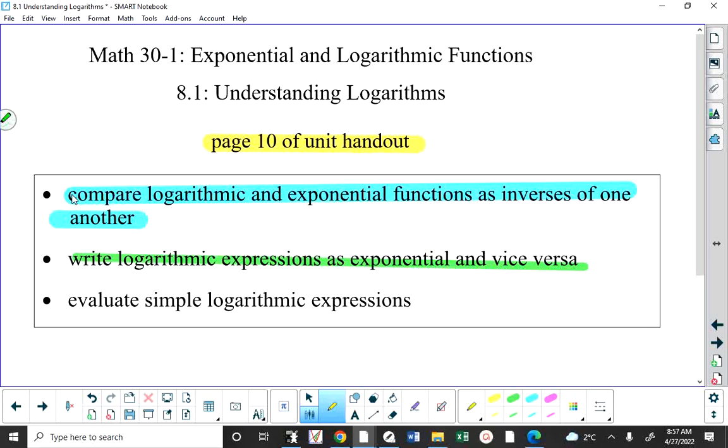This is like saying if you have a logarithmic expression, you are allowed to rewrite it as an exponential expression, but it means the same thing. It's like translating the word hello to bonjour, or bonjour to hello. Okay? And then we're going to be evaluating logarithmic expressions.